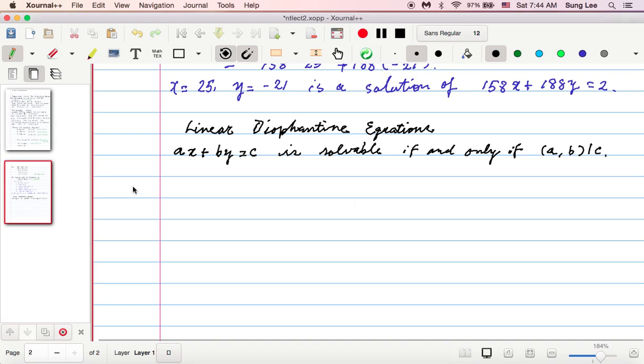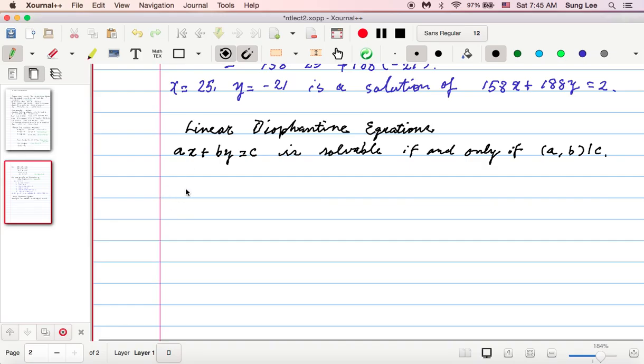Okay, so for now we are just assuming that this is true. It is true. Okay, right, and you can easily prove it. I gave you a hint also, right? Okay. All right. So we are going to talk about that algorithm.